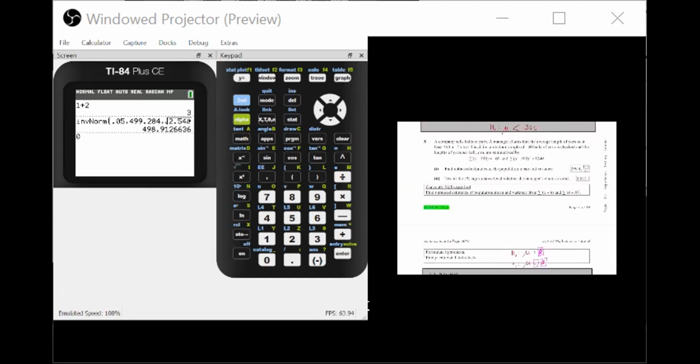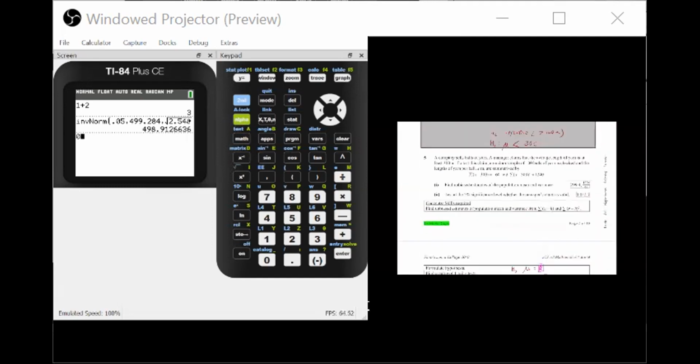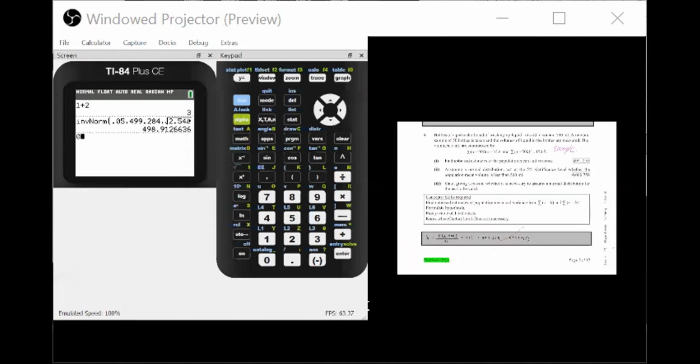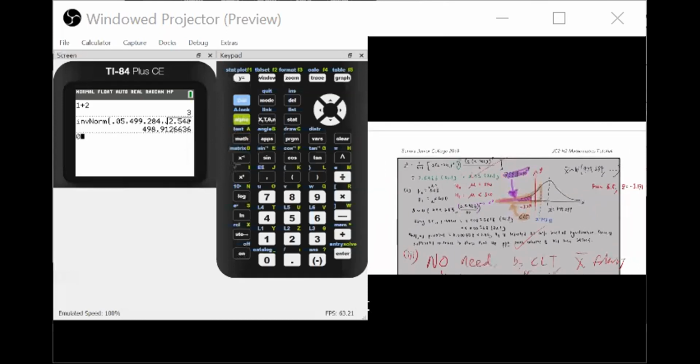Let's just go to that example we are looking at. Which question? Question 4. Sorry, I made a mistake here on the graph. I shouldn't be drawing directly from this X bar. I need the test statistic first.